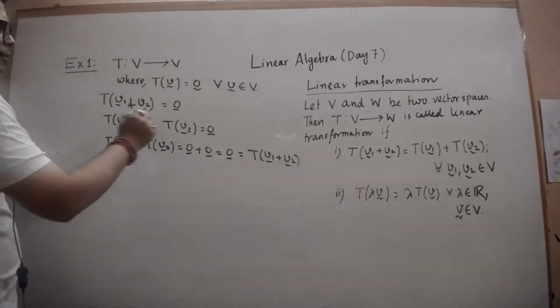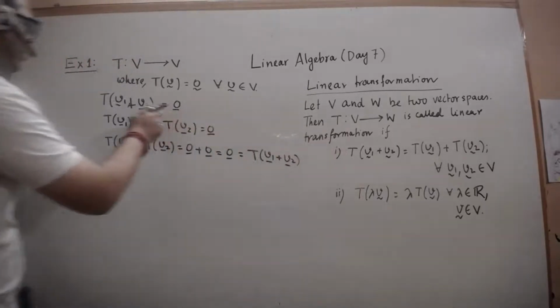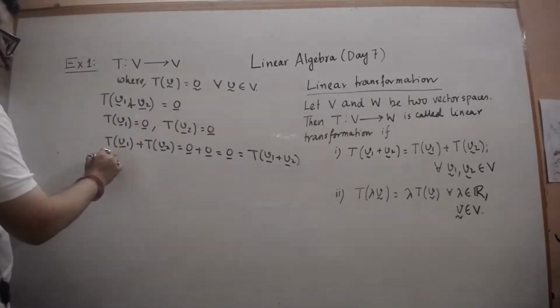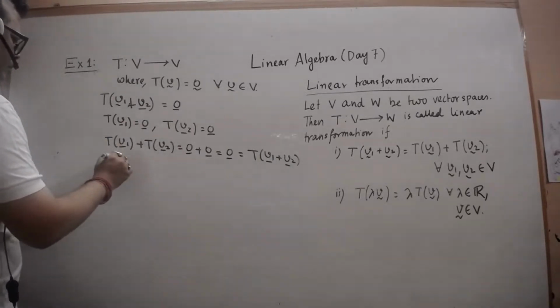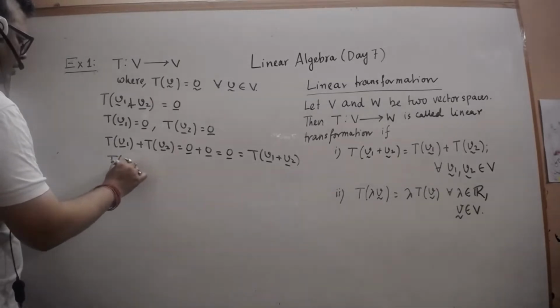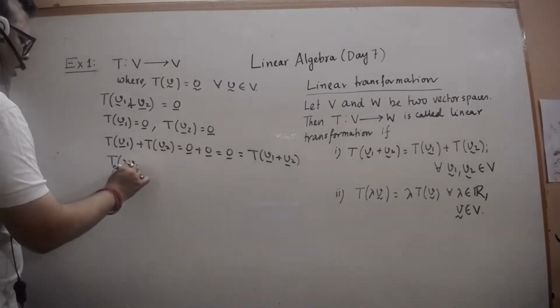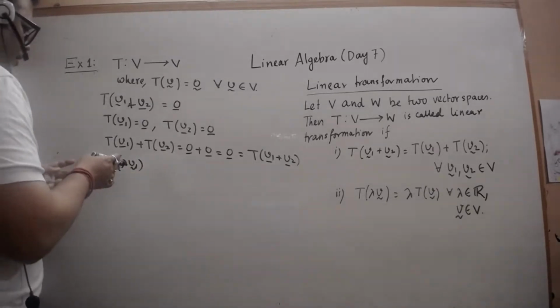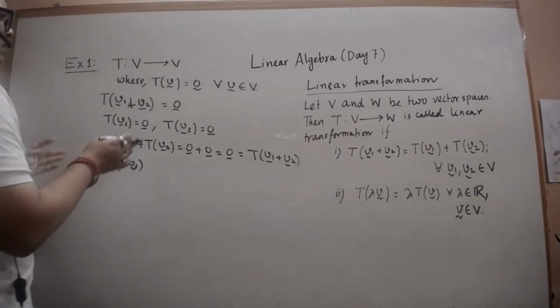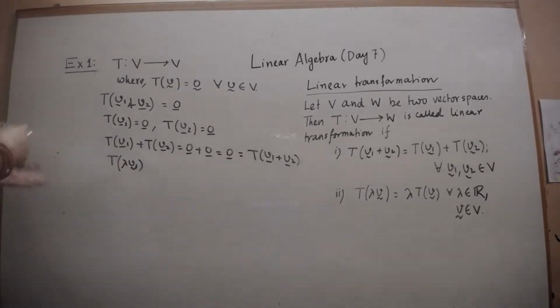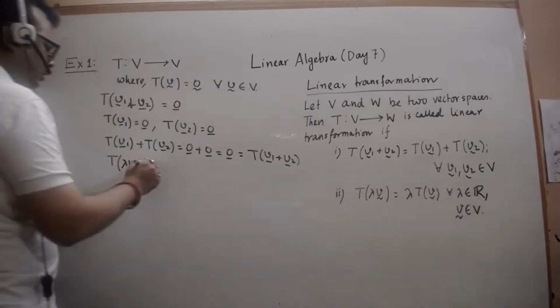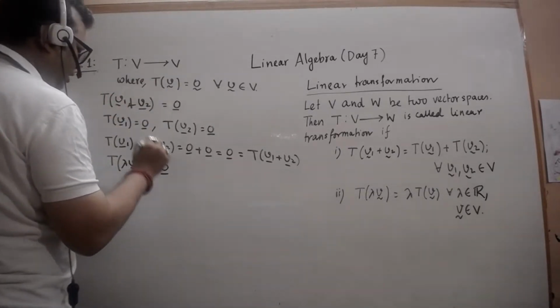And so one is satisfied in this case. Similarly for two, T(lambda v curve). V curve is any vector in V. Since it is a vector space, lambda v curve again belongs to V. According to this definition, this should be zero curve.